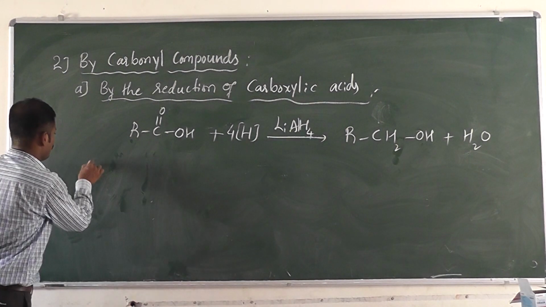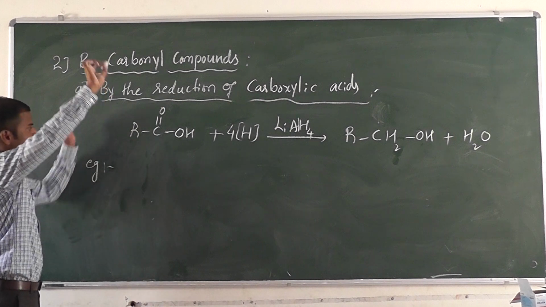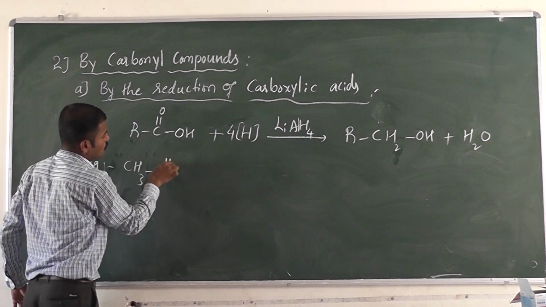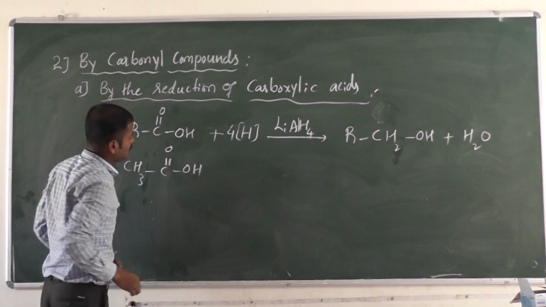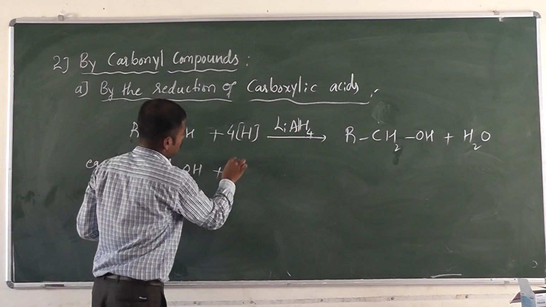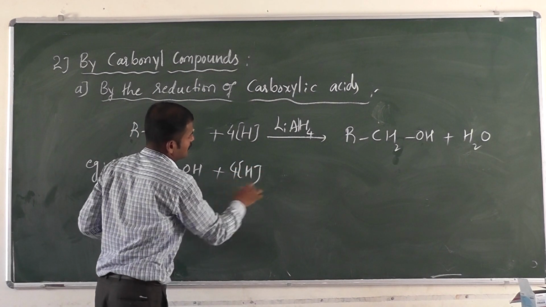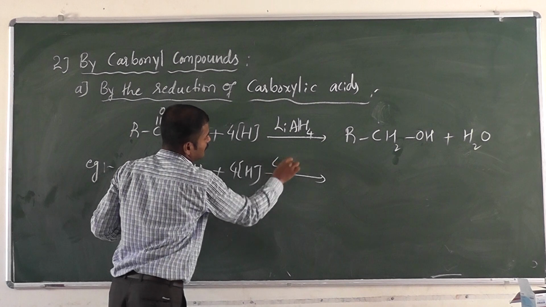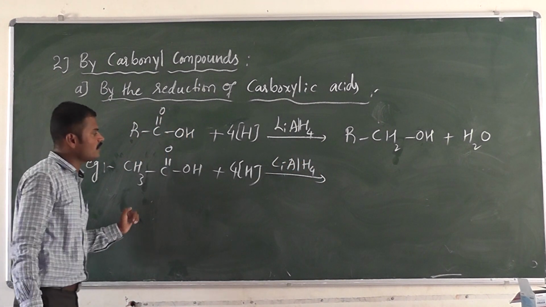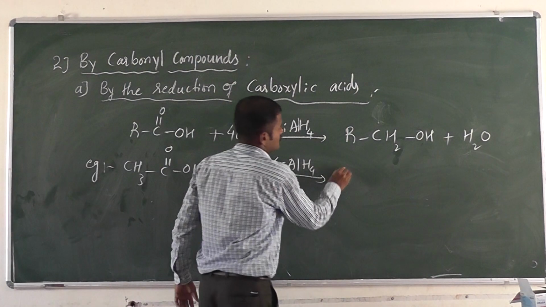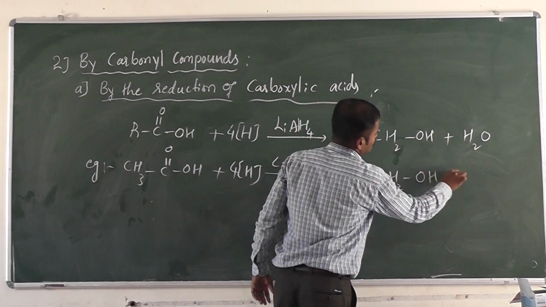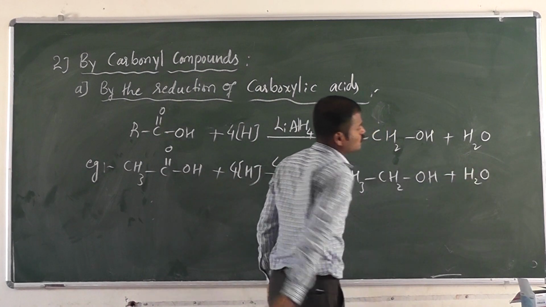So now we take an example, R is replaced by CH3, so CH3COOH, ethanoic acid, plus 4H, it undergoes reaction in presence of lithium aluminium hydride. So what does it form? It forms CH3CH2OH plus H2O.